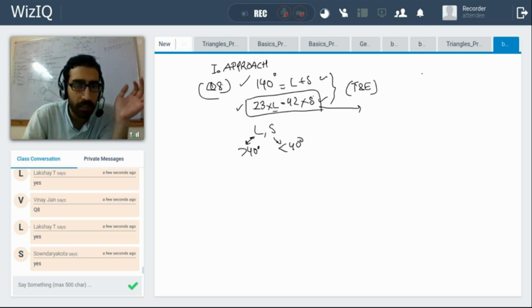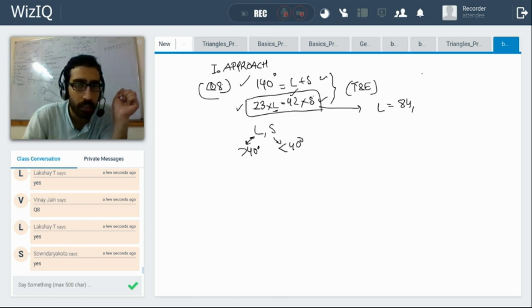So let's put the largest angle to be some multiple of 42. Now the largest angle can't be 42. The largest angle of a triangle has to be greater than 60. It can't be less than 60, because otherwise you will not get a sum that is 180. So let me assume the largest angle to be the next multiple, 84.